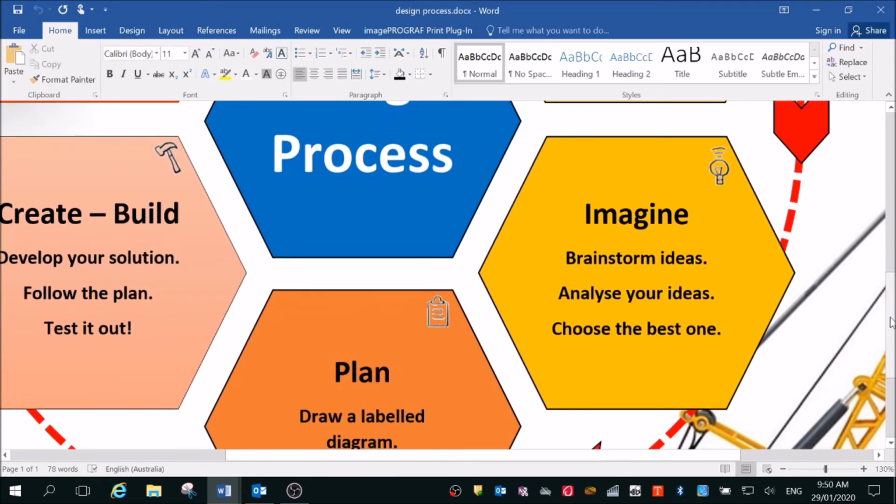Then it's time to come up with some ideas around what my game will look like. You need multiple ideas. A single idea for a game could be great, but it makes it difficult when it comes time for students to explain why their choice was the best.